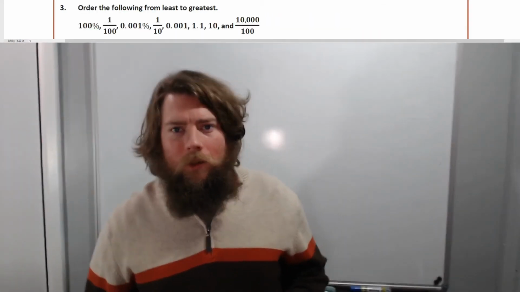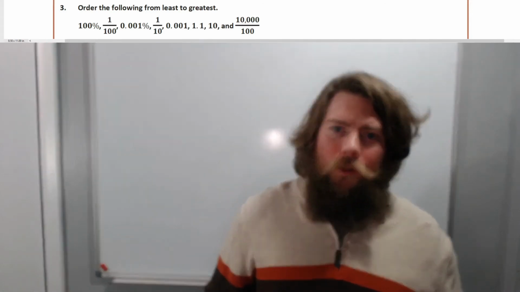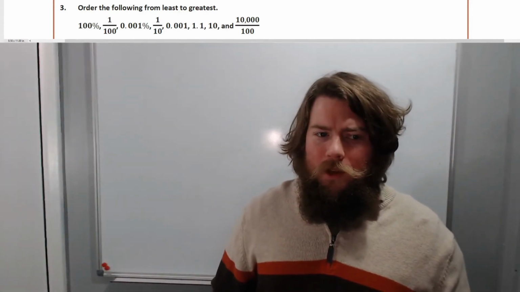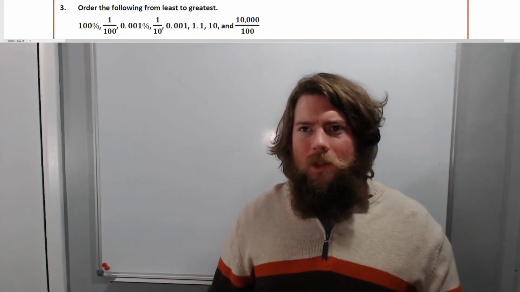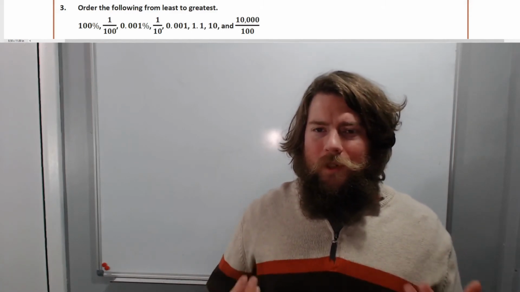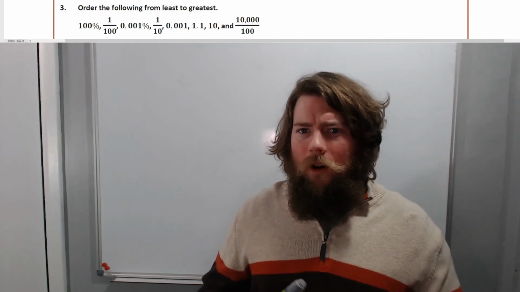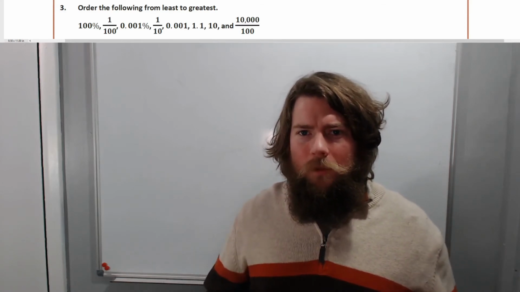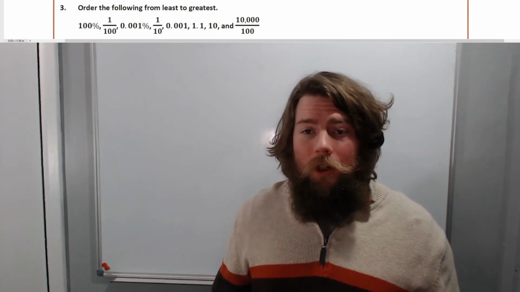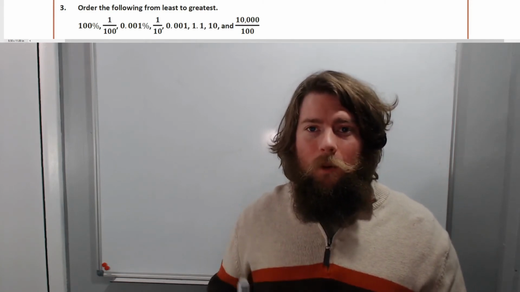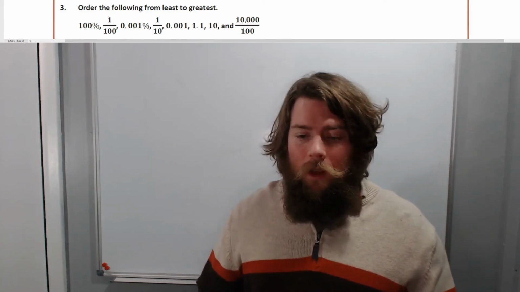Number 3 says to order the following from least to greatest. So it gives us percents, fractions, and decimals, and while they're all in those random forms, it is harder to tell that this one's greater than this, and so on.